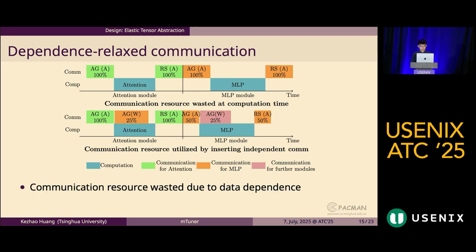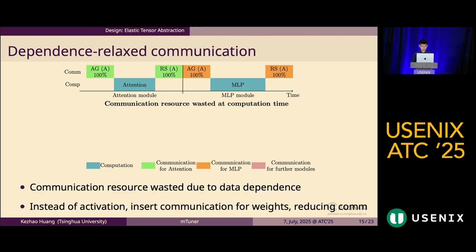Next, let's look at how we improve communication efficiency with dependence-relaxed communication. As we discussed earlier, the training communication pattern results from data dependence. This creates idle network time, as illustrated in the figure.